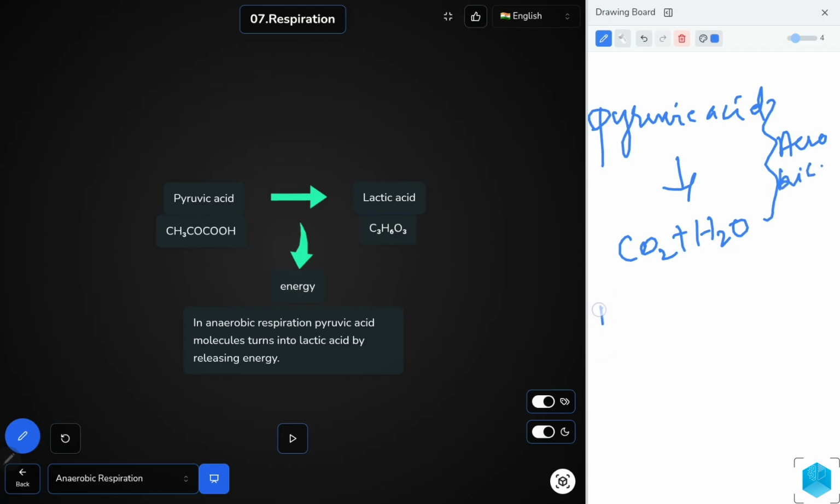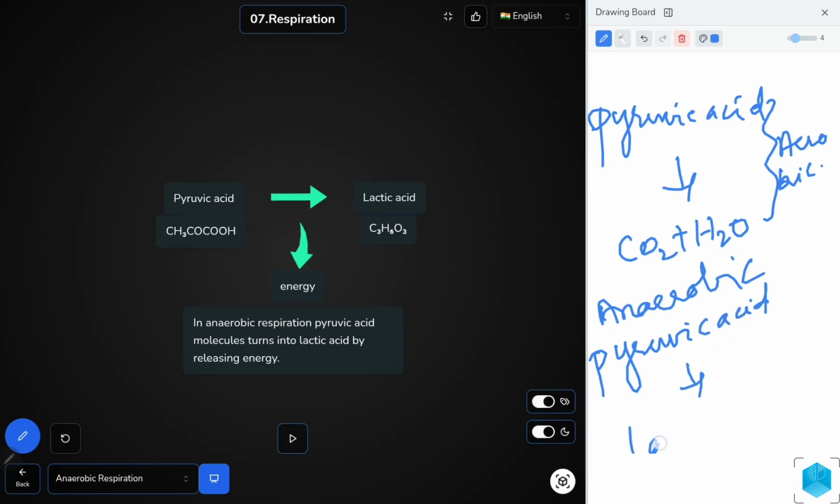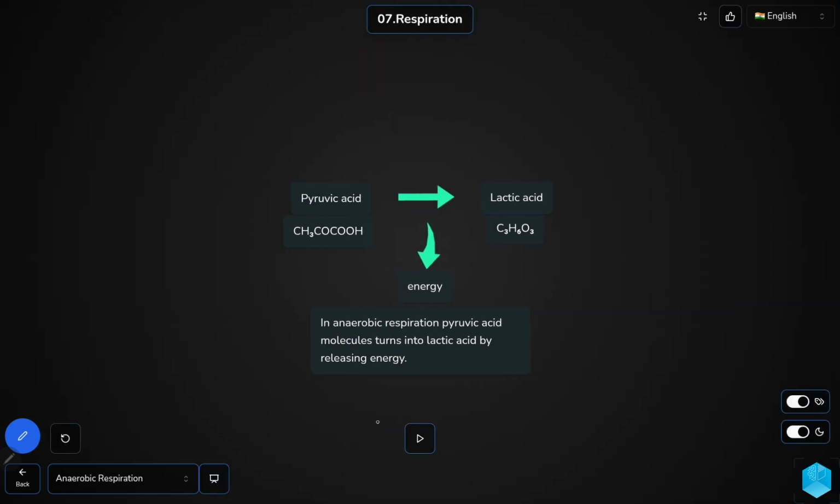Whereas in the case of anaerobic respiration, the same pyruvic acid gets converted into lactic acid when there is less availability of oxygen.